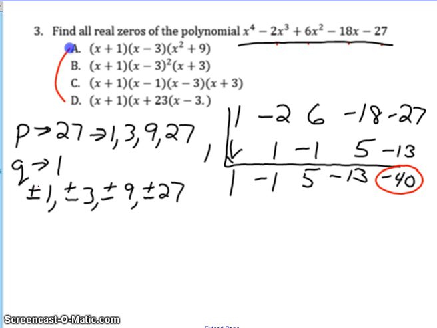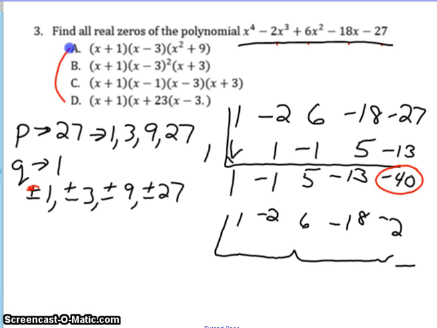So I've already tried positive 1. Now I'm going to try negative 1. I've got the same numbers for my coefficients. Okay. This time I'm putting a negative 1 on the outside. Drop the first digit. 1 times a negative 1.